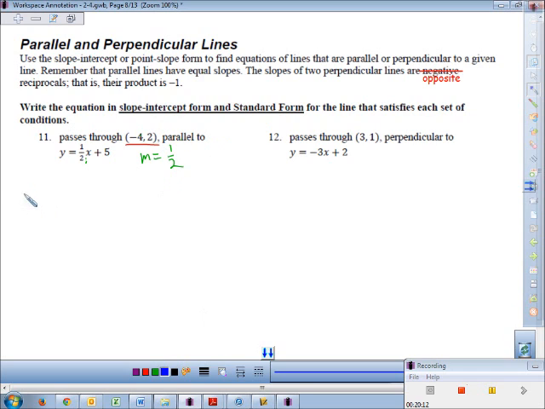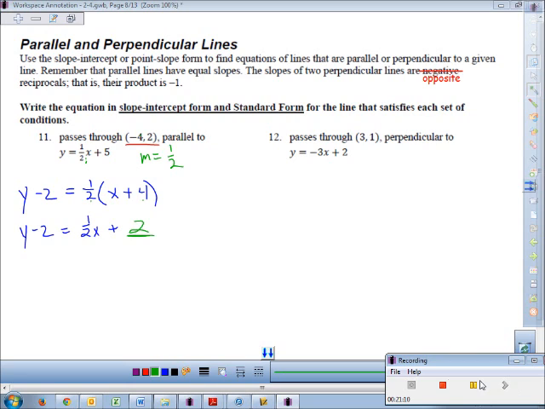Cool? Point-slope form. Y minus the 2 will equal 1/2 times the quantity of x minus a -4, which turns out to be a +4. Cool? Let's see if you can distribute that 1/2 without my help. Then get rid of the -2 by adding 2.